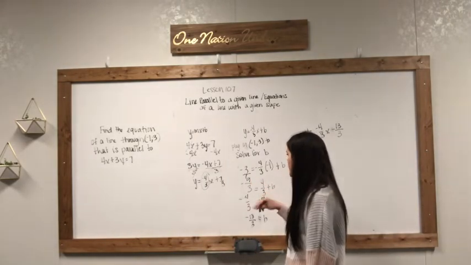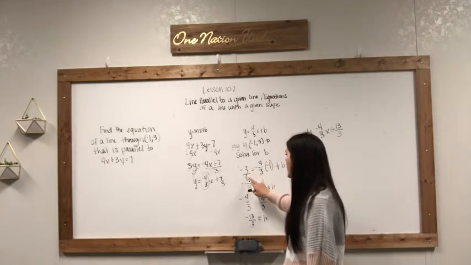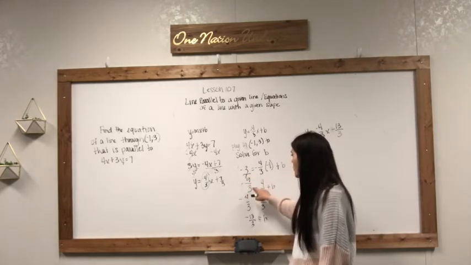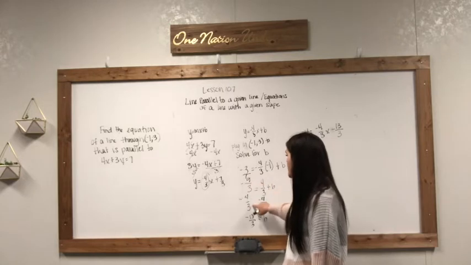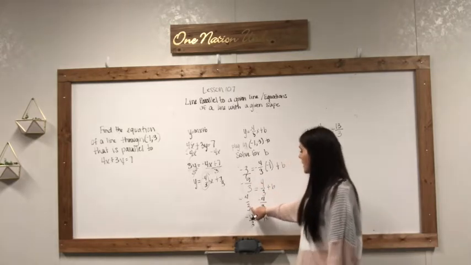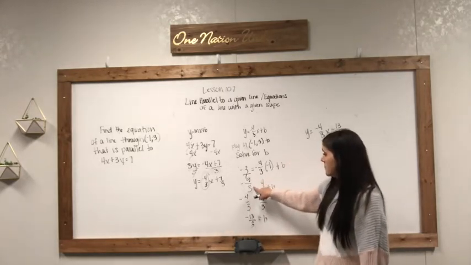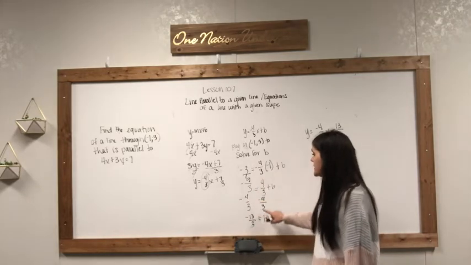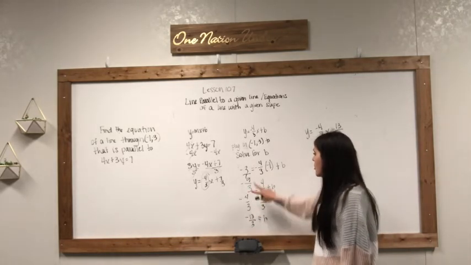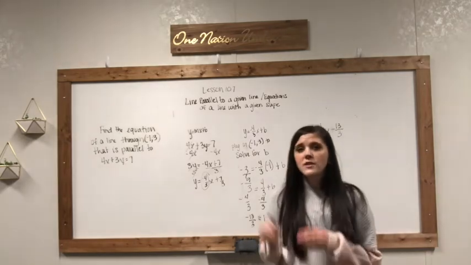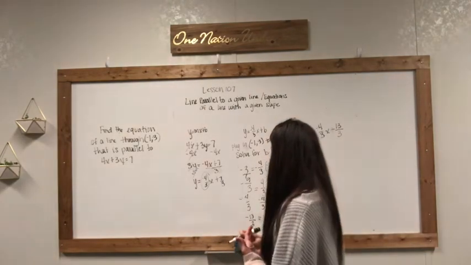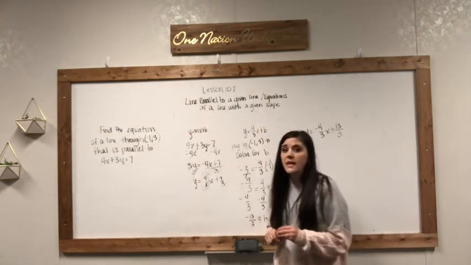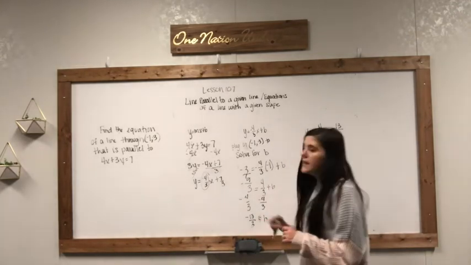I multiplied the top and the bottom by 3. So we've got -9 over 3 minus 4 over 3. Looking at just our numerators, -9 minus 4 is going to give us -13 over 3 equals b.